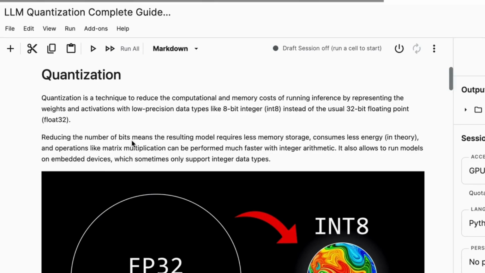When we reduce the number of bits, the resulting model requires less memory storage and consumes less memory as well, and operations like matrix multiplication, addition and subtraction also work faster.